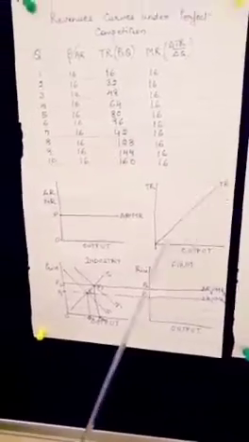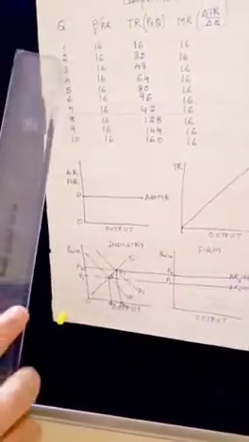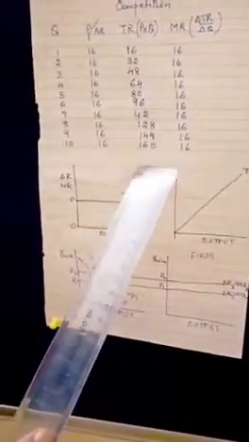Now, we can also draw the total revenue curve. On the x-axis we have taken the output and on the y-axis total revenue. So when we plot 1, 2, 3, 4, 5, 6 on the x-axis, we will plot respectively the TR, which is 16, 32, 48, 64 and so on.